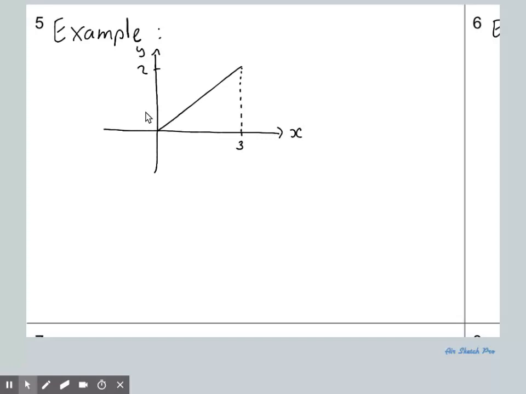M is the gradient. Gradient, very basic definition, is rise over run. Rise is the change in y, the run is the change in x. How many units of y are changing for how many units of x?